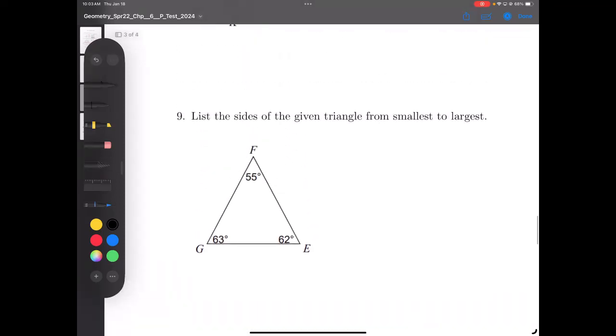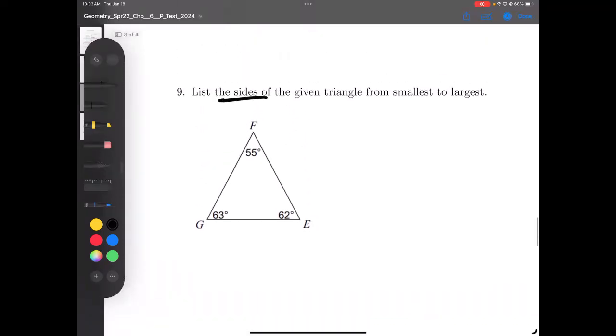Read this word: the sides. So am I looking for angles or sides? The sides. So what's the smallest side? 55, that's the smallest angle, yeah? What should the smallest side be? GE. GE.